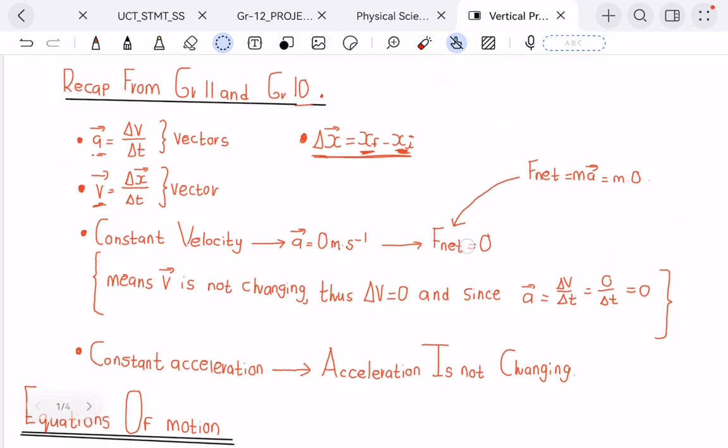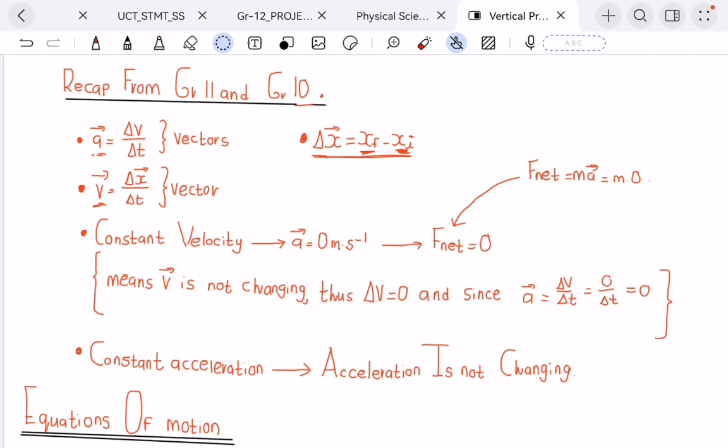Okay, so let's move on now. We're gonna talk about two of the most important things from the recap, right? We're gonna talk about constant velocity. So what do we mean when we say constant velocity? What we mean is that the velocity is not changing, meaning that the velocity you are going with now and the velocity you are going to be going with after, let's say, 2 seconds, is still the same.